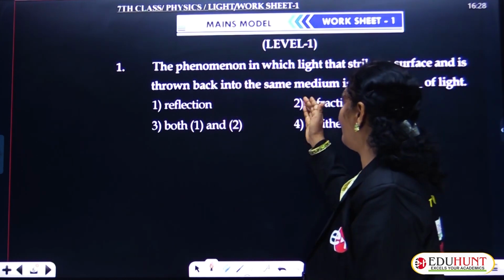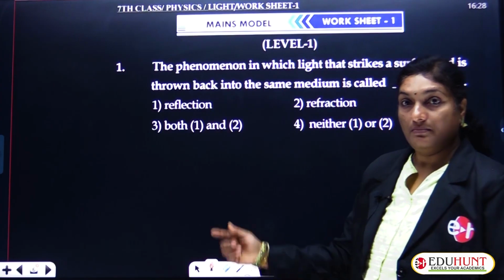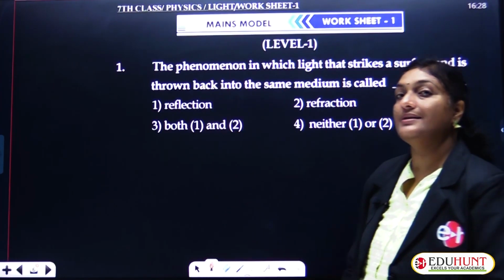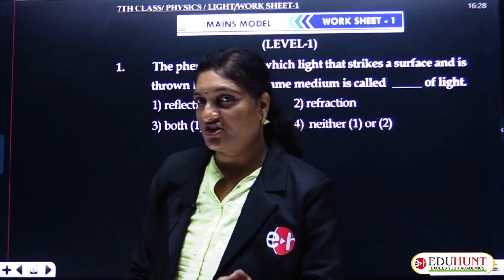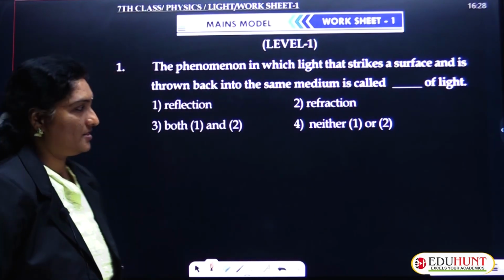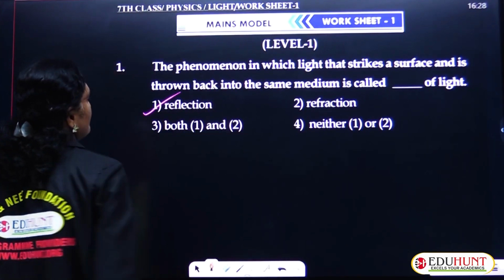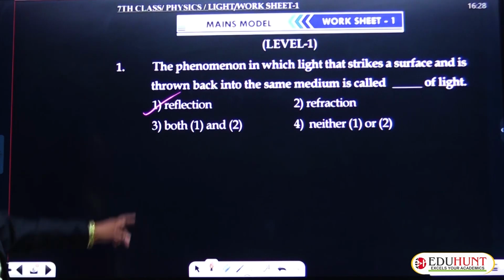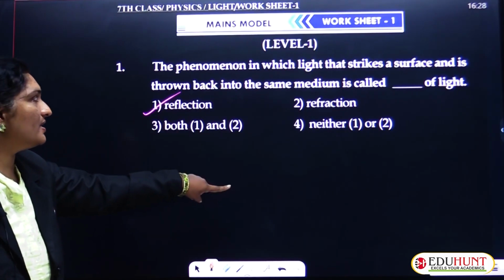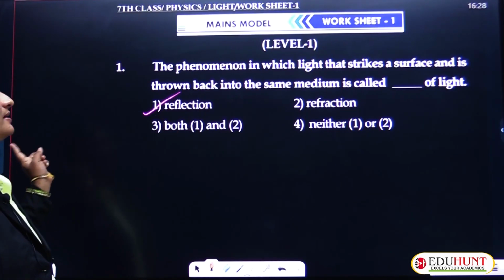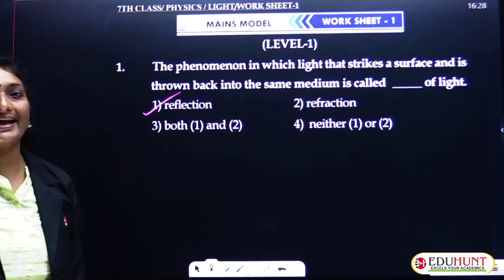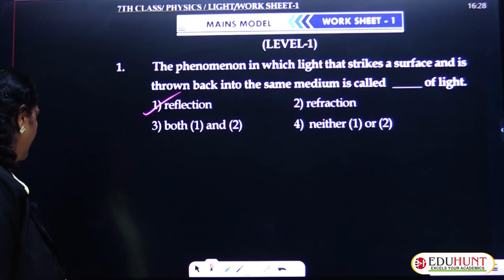Is it reflection or refraction? Moving back to the same medium, it is called reflection, the reflection of light. So the first option is correct.